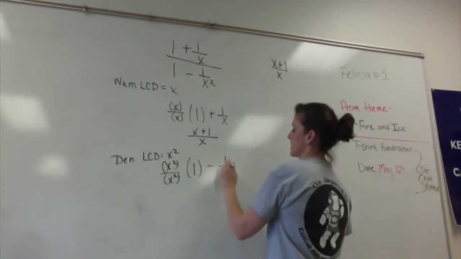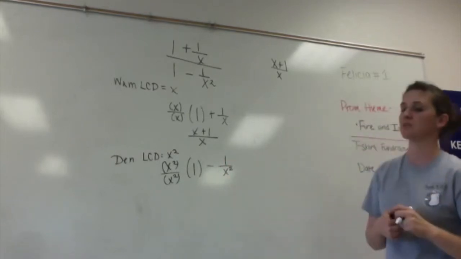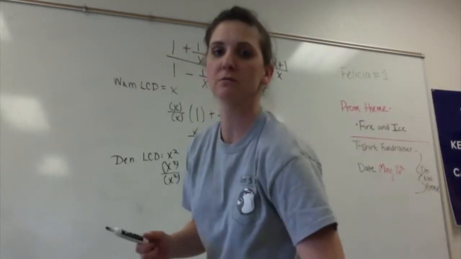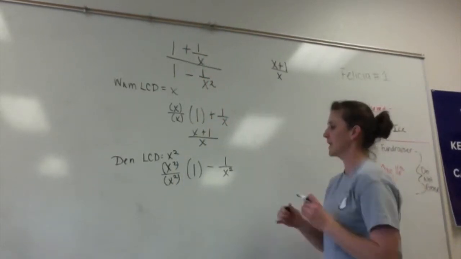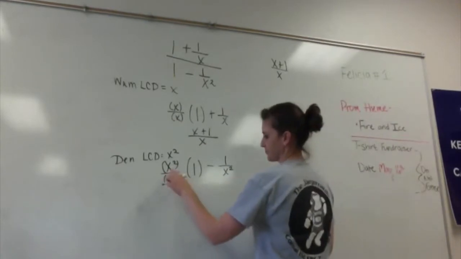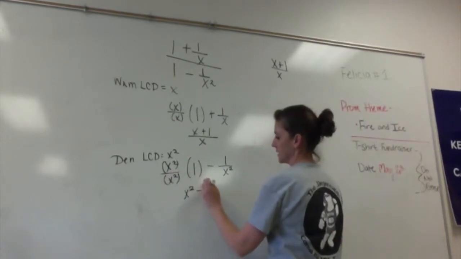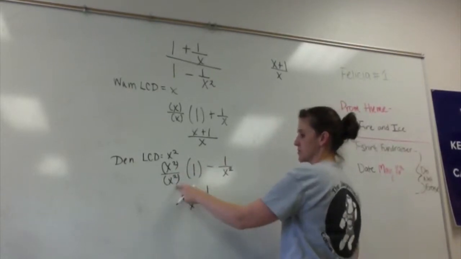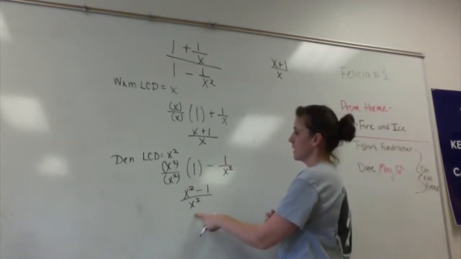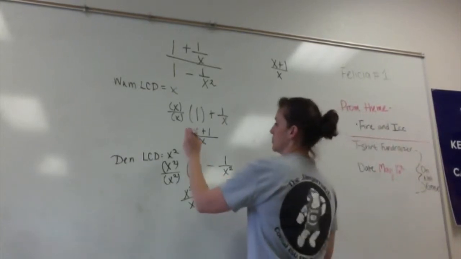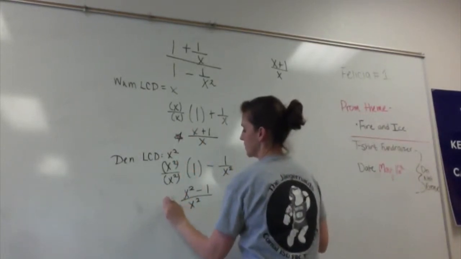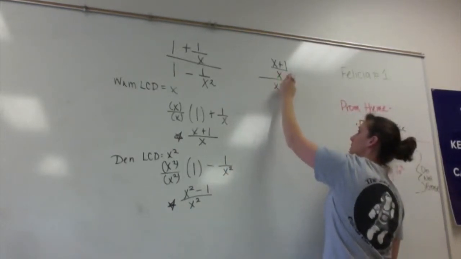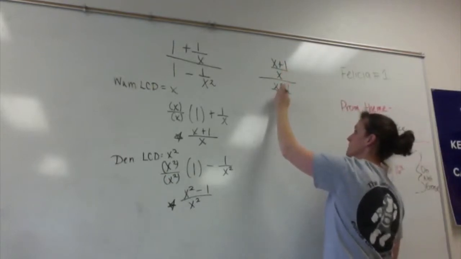And then 1 over x squared already has my denominator, so I don't have to worry about that. Okay, making sure. So that's going to be x squared minus 1 all over x squared if I go ahead and combine my numerators over my LCD. So I have my new numerator and my new denominator. I'm going to go ahead and write that out, x squared minus 1 over x squared.